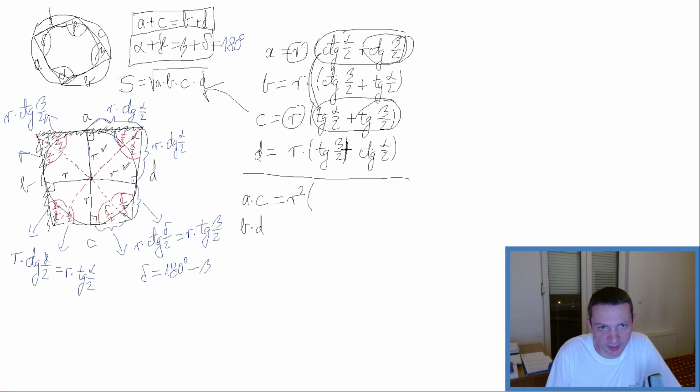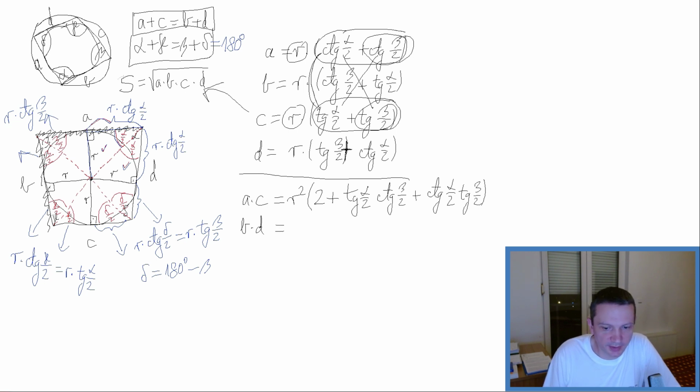This times this is also 1, so I obtain 2 plus, and now this plus this, so tangent alpha half cotangent beta half plus cotangent alpha half tangent beta half.